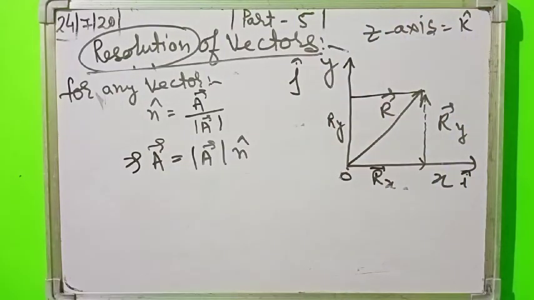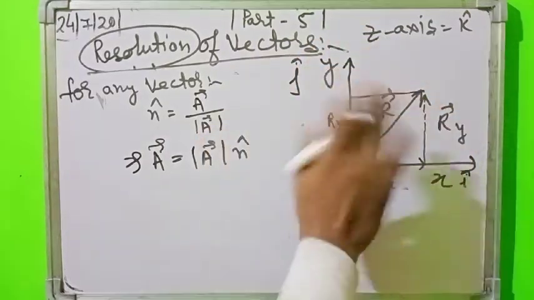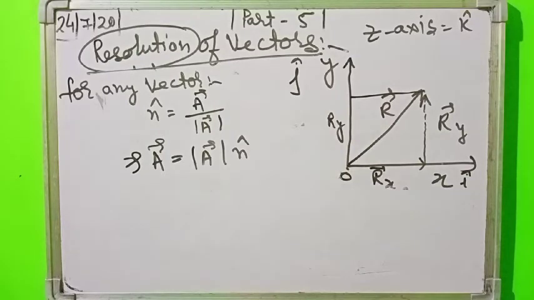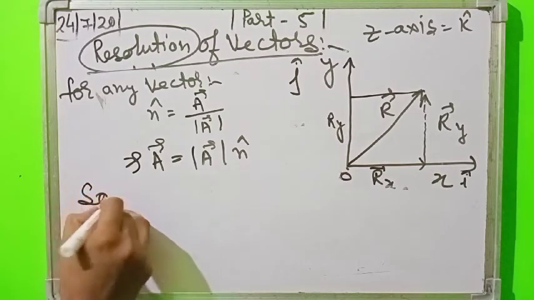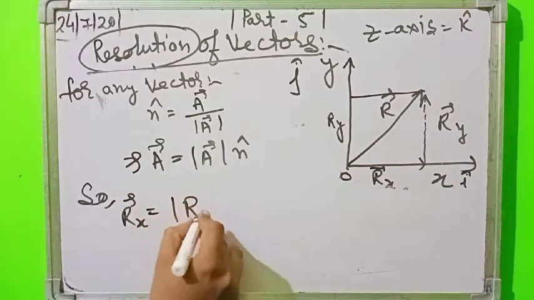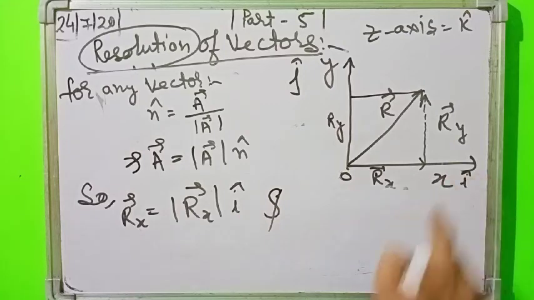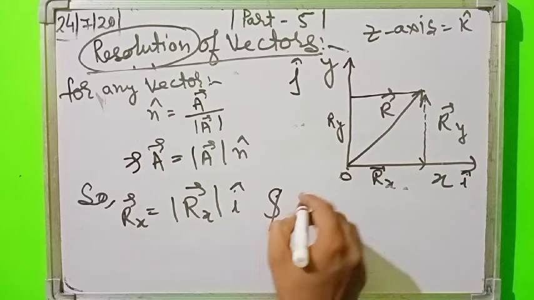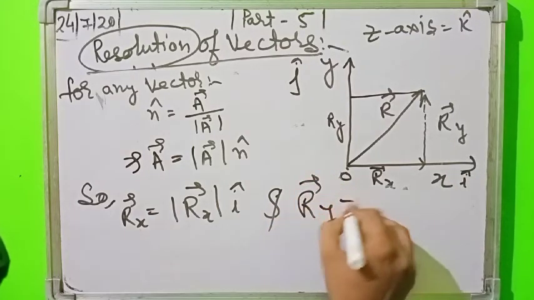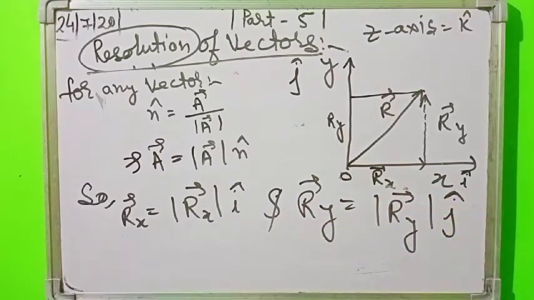Here we need not discuss the unit vector along z-axis, because we have taken r vector in two dimensions, that is the x-axis and y-axis plane, the xy plane. So we can write rx vector is equal to magnitude of rx into i cap, because the unit vector along x direction is i cap, and ry vector is equal to magnitude of ry into j cap.